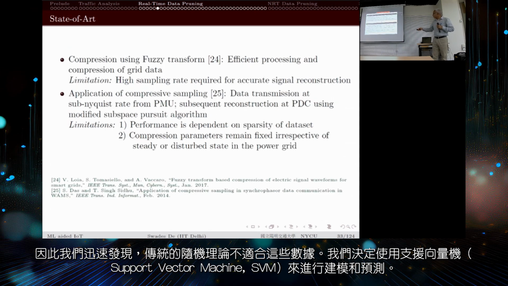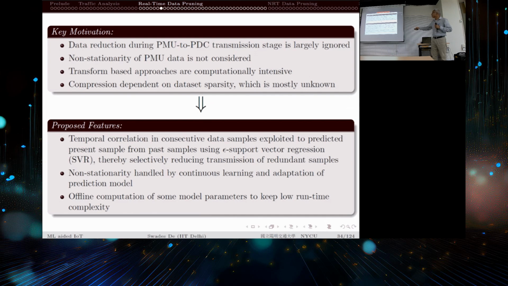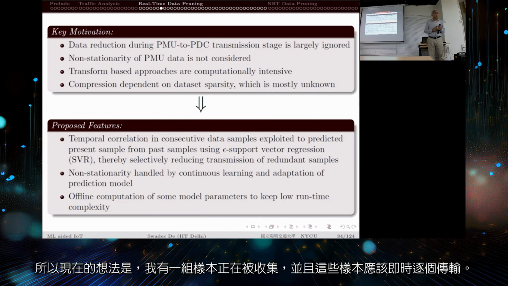So we went to use a support vector machine. The idea is that I have a bunch of samples being collected, which are supposed to be transmitted instantaneously, sample by sample.